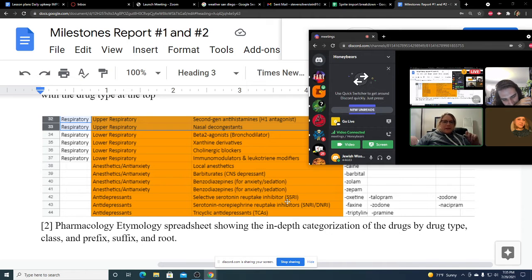But for now, with level 2, if we can just focus on the indications and the prefix, suffix, and root, I think we're good. So seeing as level three has now moved around, I guess everything that was planned for level three is kind of going out the window. I'm wondering if some of the gameplay I've already built can be repurposed.